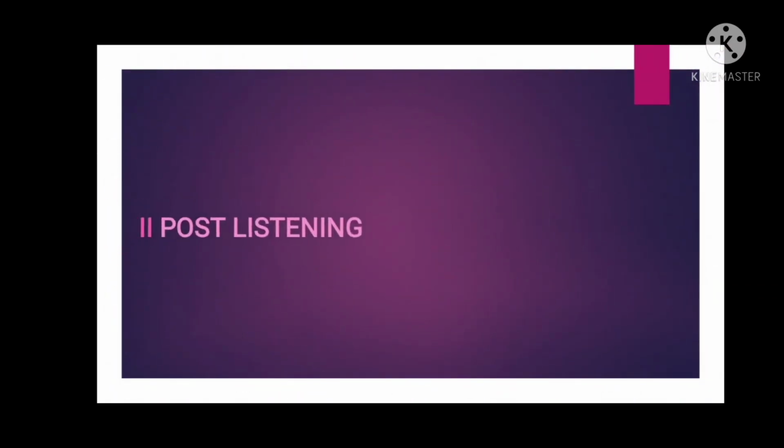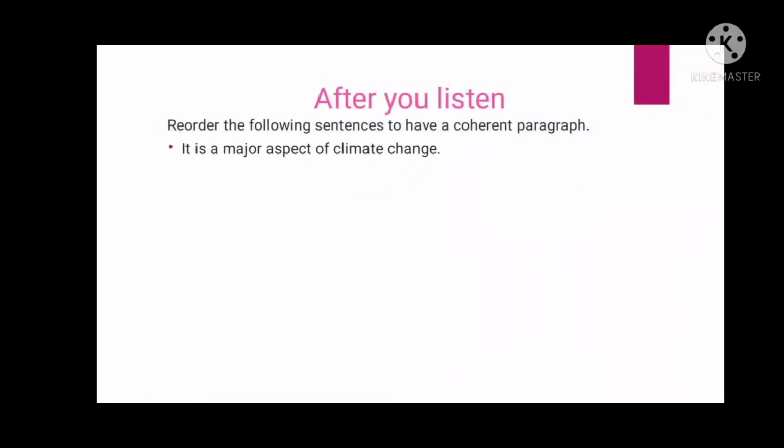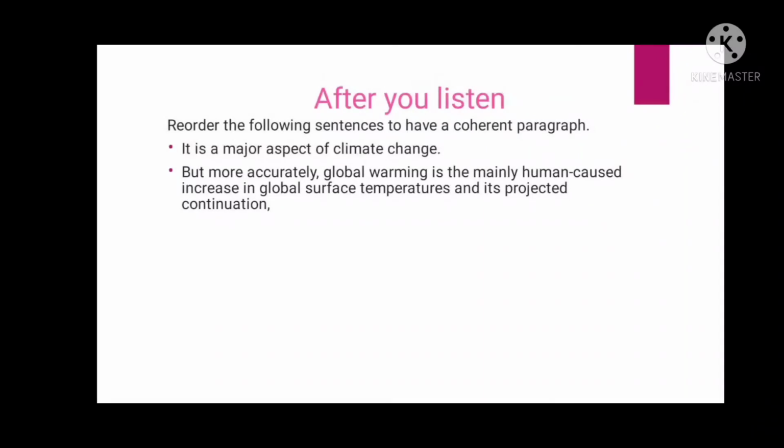Now we are going to move to the post listening phase. After you listen, reorder the following sentences to have a coherent paragraph. So the first one, it is a major aspect of climate change. Two, but more accurately, global warming is the mainly human-caused increase in global surface temperatures and its projected continuation.